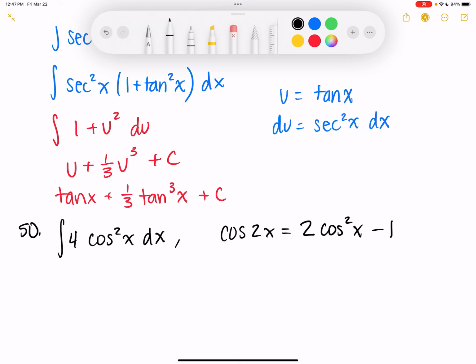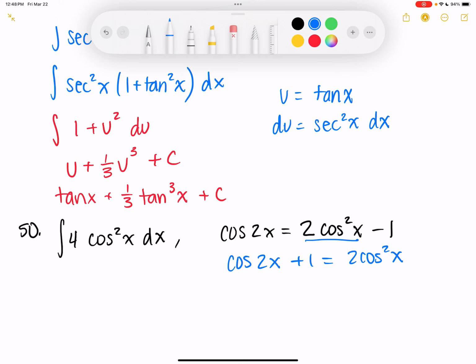But over here, this is a 2 cosine squared of x. So I'm probably going to have to end up rewriting this 4 because I don't have a 4 over here. But for the moment, let's try to get this piece by itself. So add the 1 over. So I would get cosine of 2x plus 1 equals 2 cosine squared of x, which now is pretty similar to what I have here.